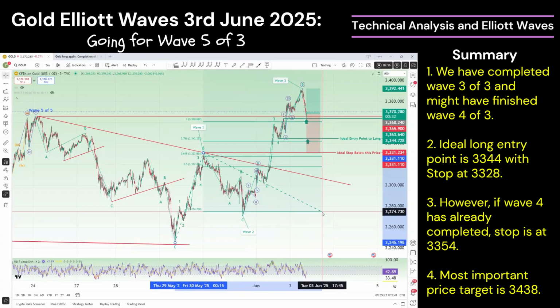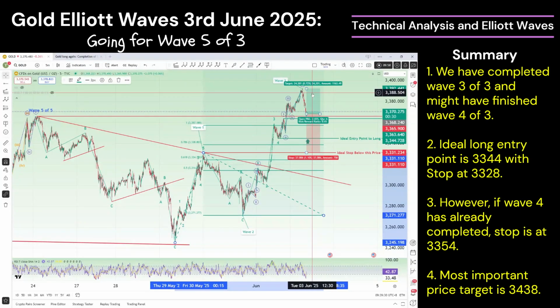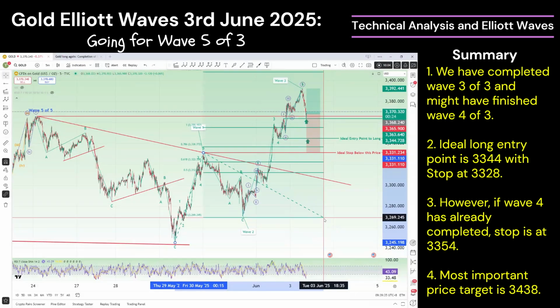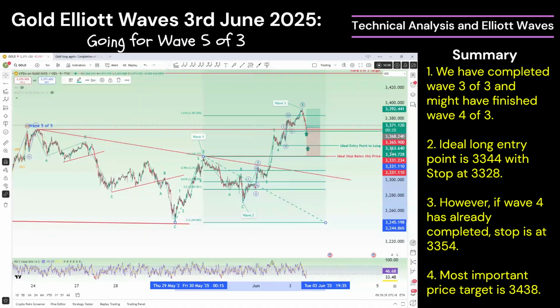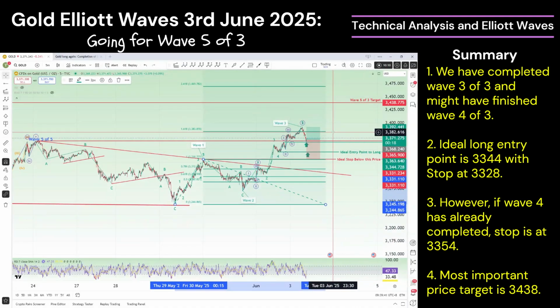Let's look at this wave three itself. Okay, it breaches, is more than 1:1. So let's move this down. I think previously I have given with a wave 5 of 3 target here.